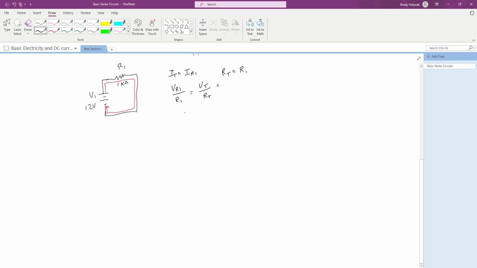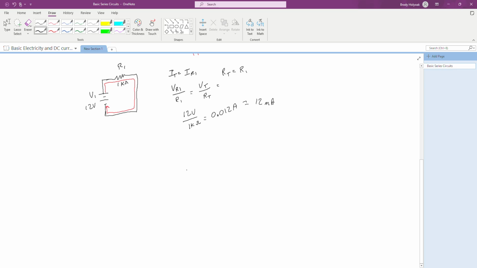So when I go to solve this one, I have my 12 volts divided by 1 kilo ohm. When I go through and plug that into my calculator, I'm going to get 0.012 amps, which is also the same as saying I have 12 milliamps.